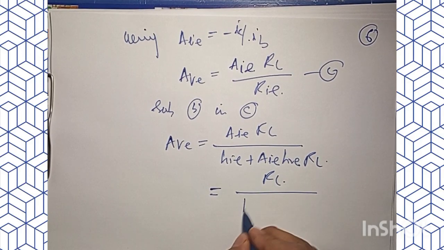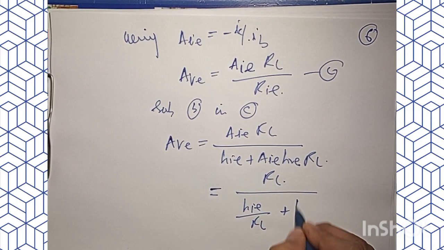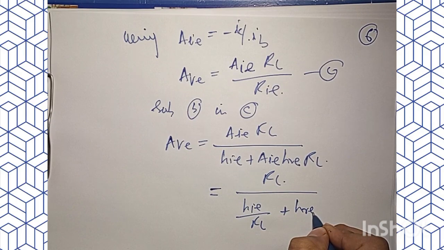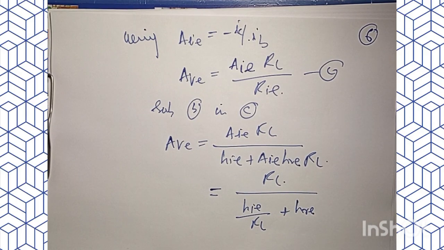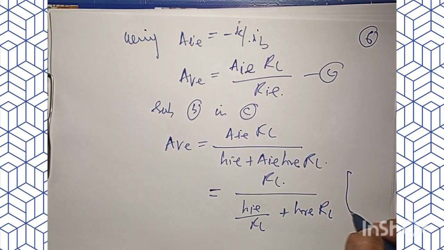divided by HIE by AIE here, plus HRE RL. So I am dividing the numerator by AIE and the denominator by AIE.